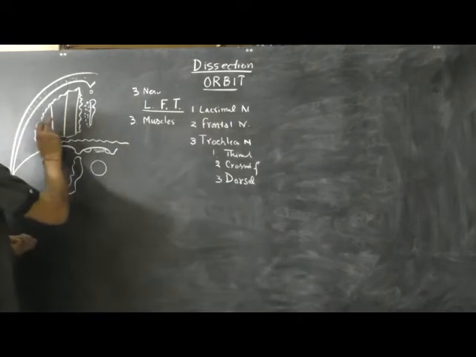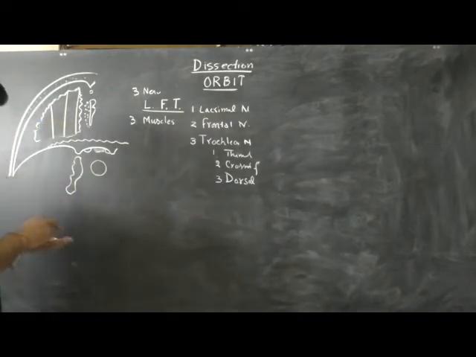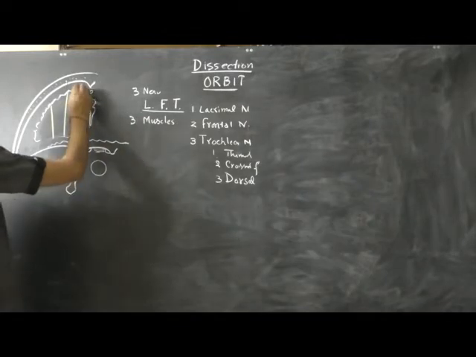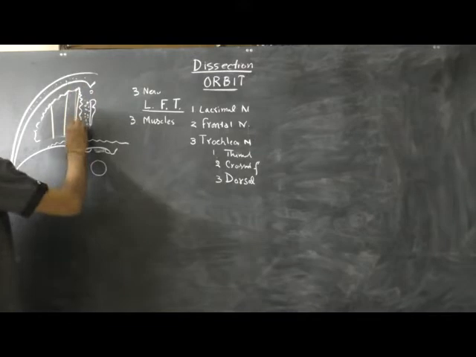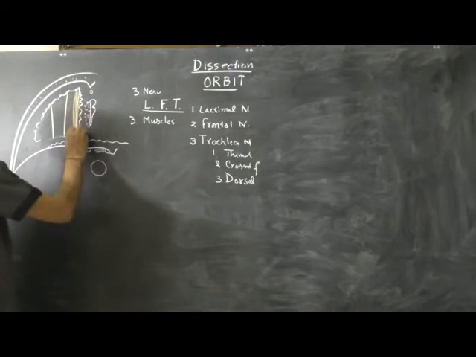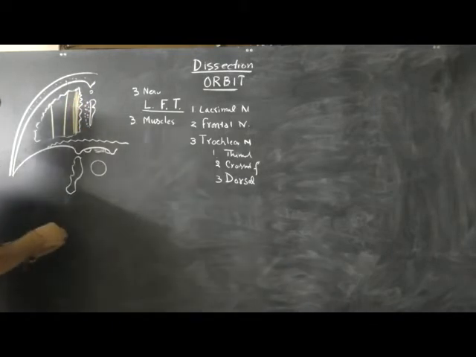So LFT, liver function test, and below these are three muscles. Just below the trochlear nerve, medially, we see the superior oblique muscle passes.